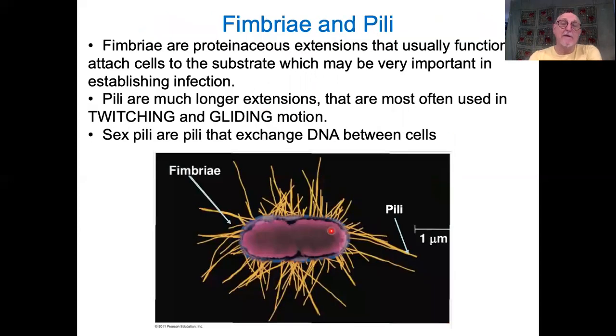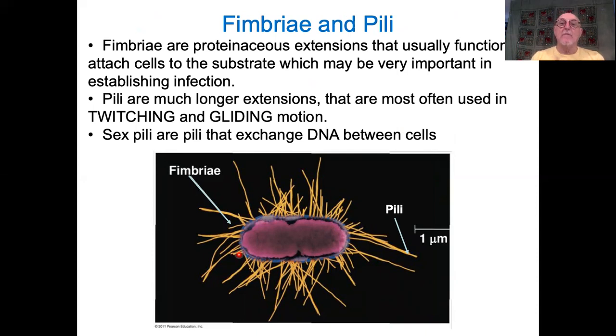Okay, so here is another set of extensions from the cell. The first set are relatively short. Here, you can see these relatively short extensions that look like hairs extending from the cell. And these are called the fimbriae.